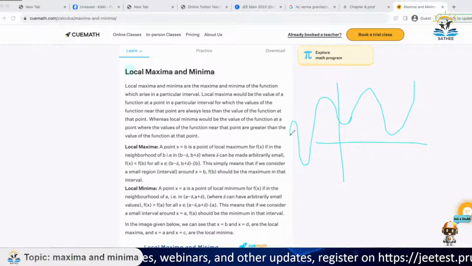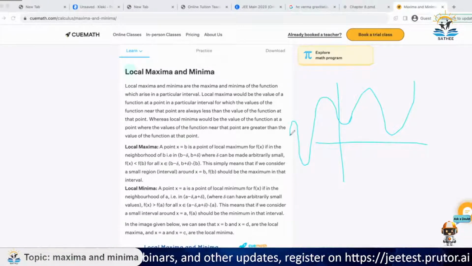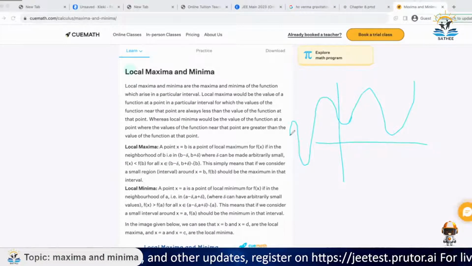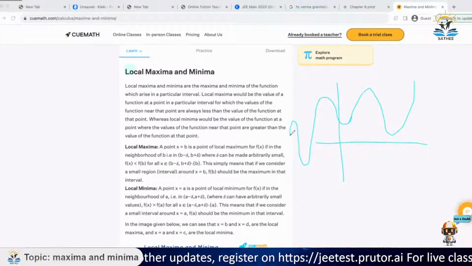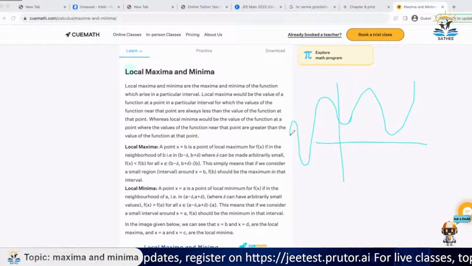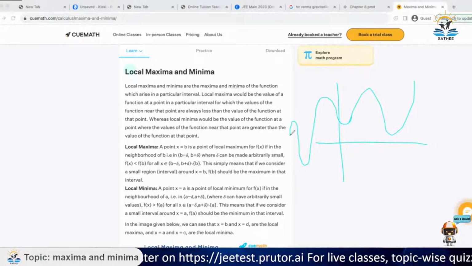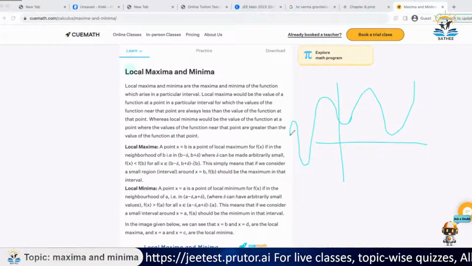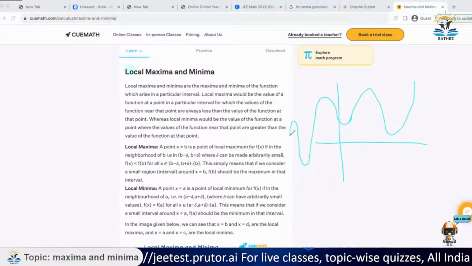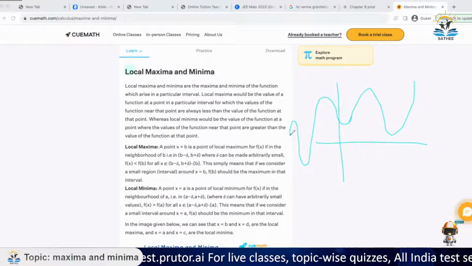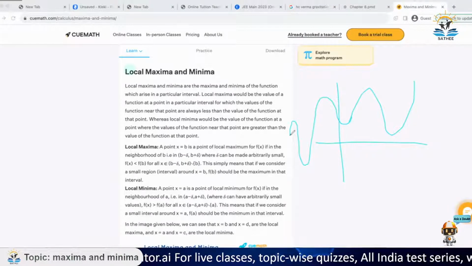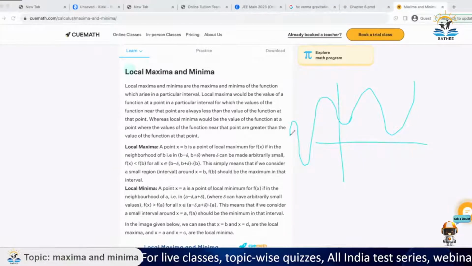Local maxima is a point where, suppose we are at a point x is equal to c. Now suppose we go to a point x is equal to c minus delta, and we go to a point x is equal to c plus delta. So this is a graph.